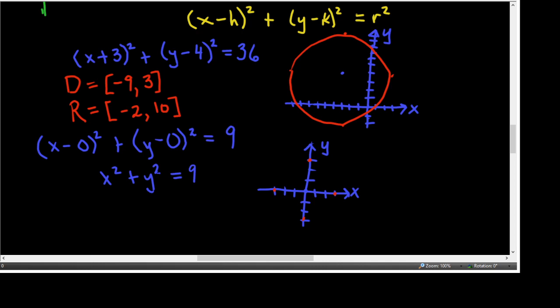And do our best to draw a circle that goes through those 4 points. All right. And the domain of this circle is -3 to 3. And the range is also -3 to 3.